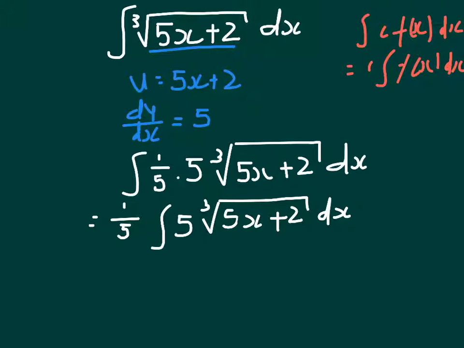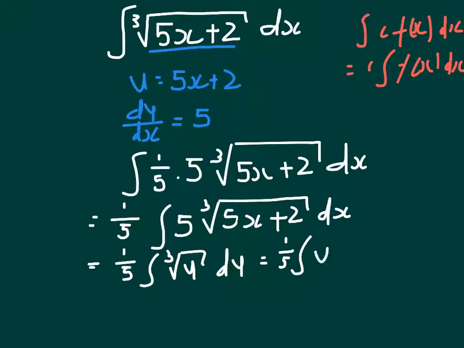This makes it quite handy for what I need to do now. So I have a fifth and the integral of the cubic root of u du. So this I can rewrite as a fifth, the integral of u to the power a third.